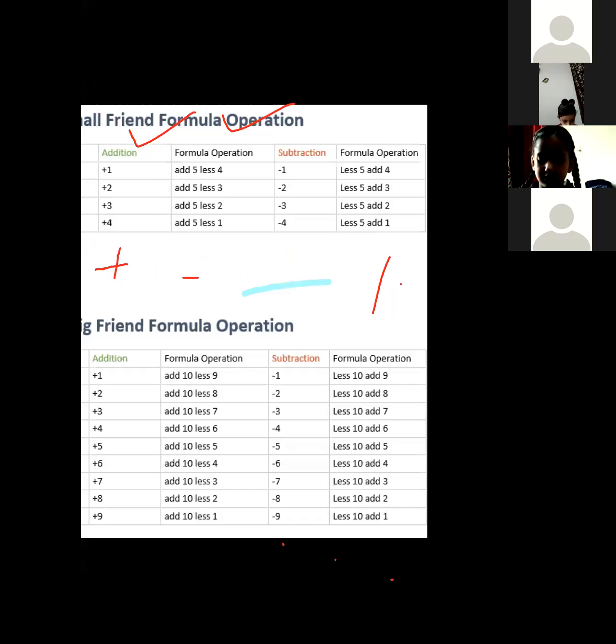Next is the same way. I'll just erase this. Next is +2. The formula of +2 is add 5 less 3.